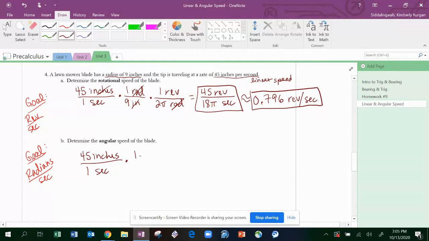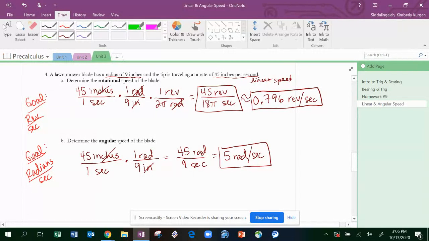So I'm going to multiply that by 1 radian, the same conversion I did up here, over 9 inches. And lo and behold, I'm in radians per second. So I get 45 radians per 9 seconds, which actually just turns out to be 5 radians per second. This going backwards thing isn't as bad. Okay, if you need to go back over those, pause the video or rewind the video and take a look.